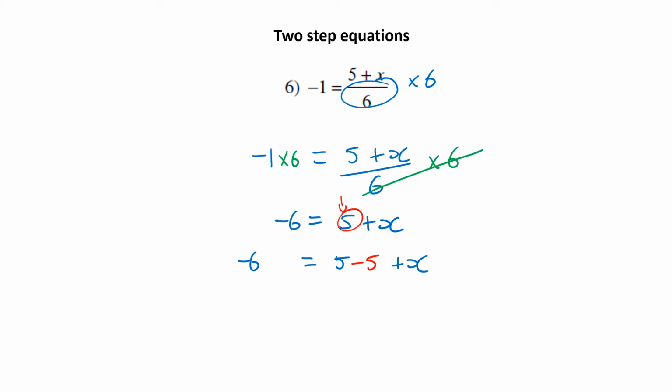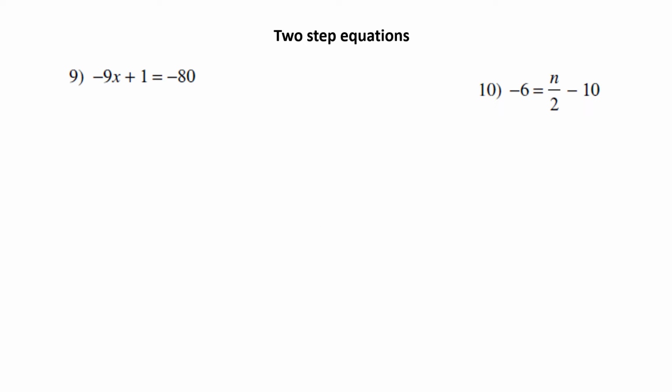So I'm going to put minus 5 there, and minus 5 there. So if I cross it, that's going to become 0. Basically, I can have x on the other side, so x equals minus 6 minus 5. That becomes minus 11.